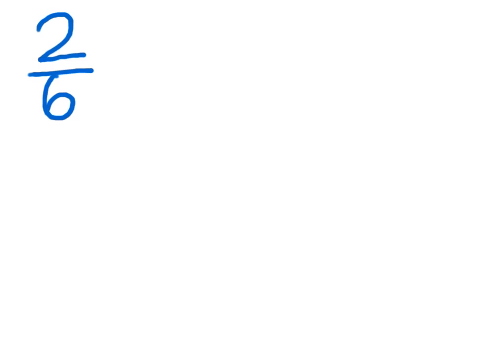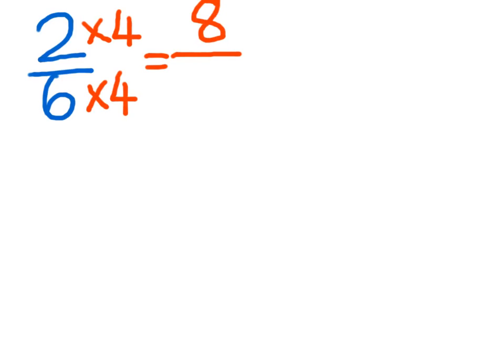Let's have a look at another example. So in this case we have 2/6. Now, to make one equivalent fraction, you could multiply the top and the bottom both by 4. So that would give us, on the top, 2 times 4 is 8, and on the bottom, 6 times 4 is 24.